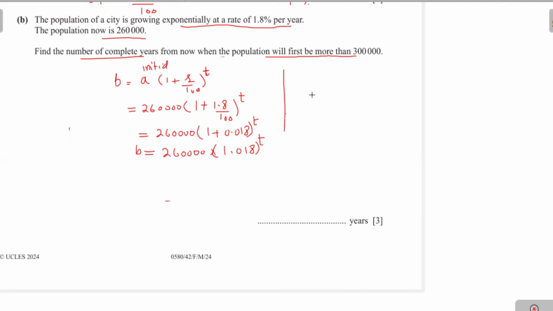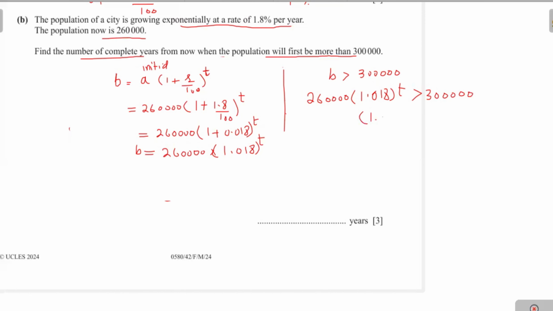Therefore, we can write b is greater than 300,000, and this b value here is 260,000 into 1.018 to the power t greater than 300,000.